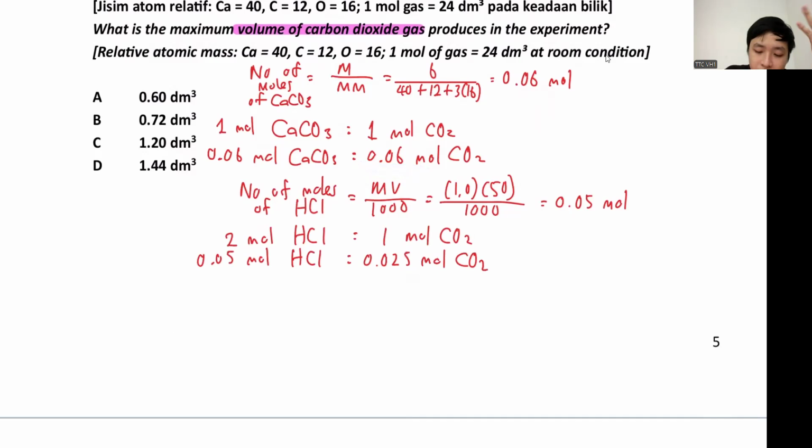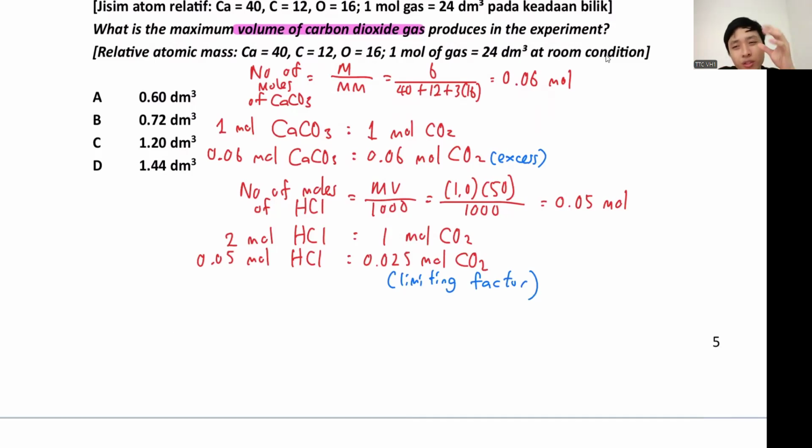Whichever is larger is the excess. So the value of mole for this part is excess, which means extra. Here the HCl actually is the limiting factor.